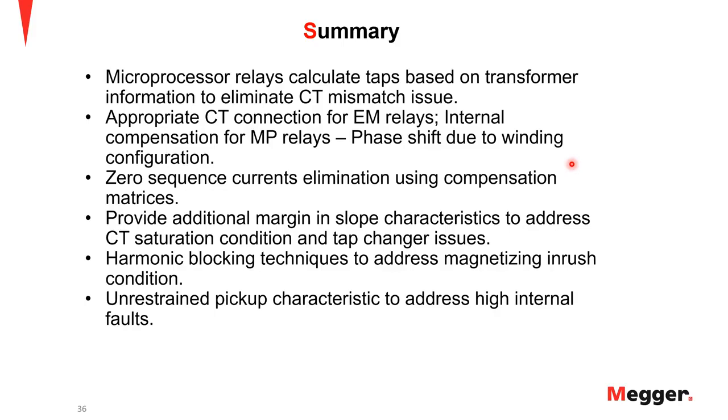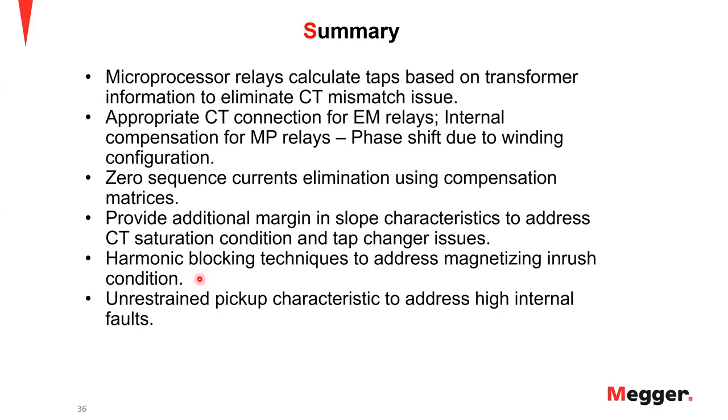We also learned that we can work with the CT connection type, for electromechanical or microprocessor relays, if we have that luxury. When we use the appropriate type of CT connections, we'll be able to address some of these issues. We also learned that in the slope characteristic, if we provide enough margin in the slope to address issues like saturation, tap changes and many other issues, that will help the differential logic.